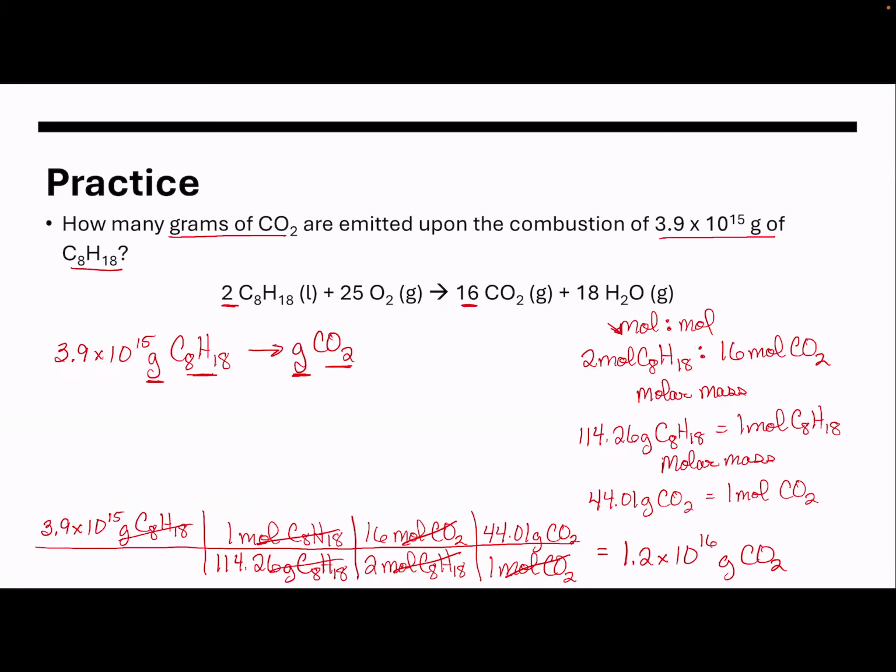Now, the second thing I want you to note is that when you're talking about molar masses, the mole portion of the molar mass has an unlimited number of significant digits. It's an exact quantity. I also want you to note that the mole-to-mole ratios are exact quantities. Therefore, they have unlimited number of significant digits.